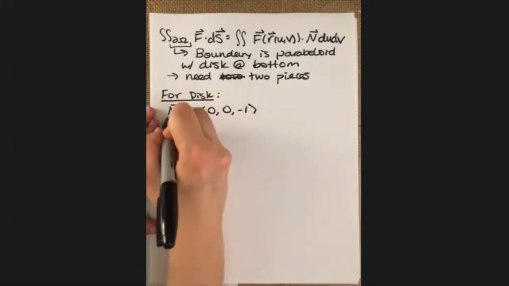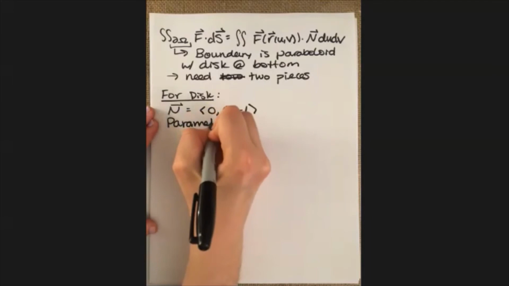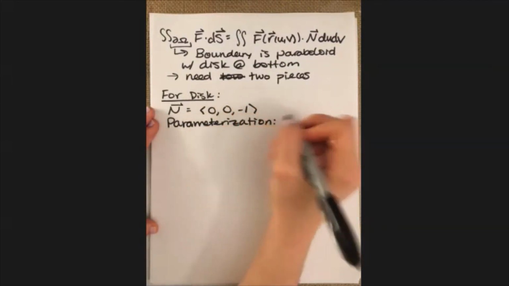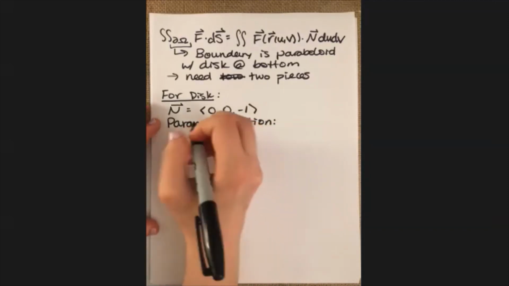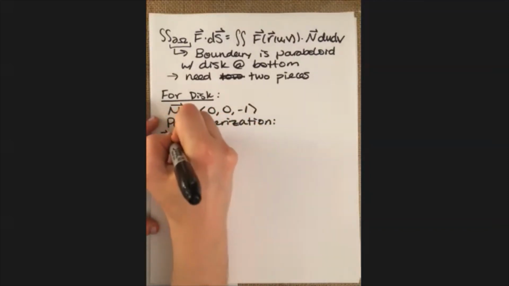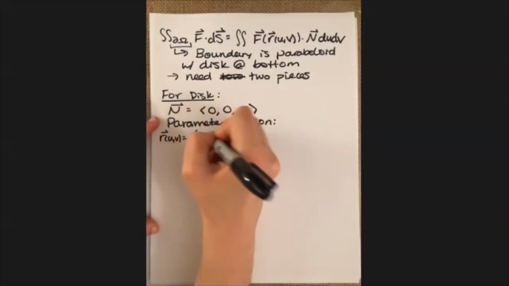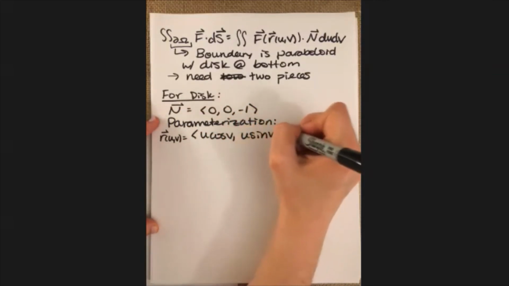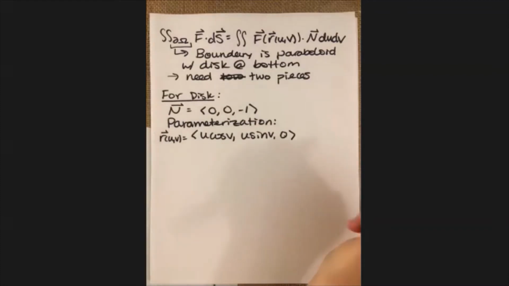And the parameterization for the disk was just r(u, v) equal to (u cosine v, u sine v, 0). It's the same idea, same shaped disk, maybe just a different size because the radius will be a little bit different, but same idea as from earlier.